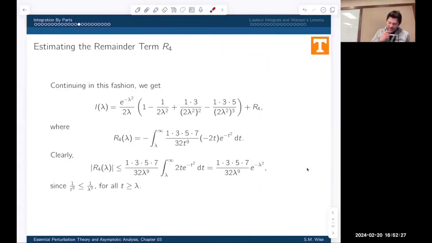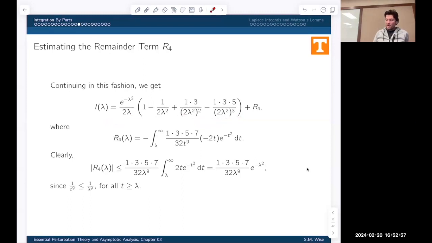So I can take out this common factor, and then I have this expansion plus a remainder. And you can imagine if I do the next step of the integration by parts, it's not hard to believe that that's what the remainder is going to look like. Now I can estimate the size of this guy. We'll just leave it at that asymptotic approximation there.